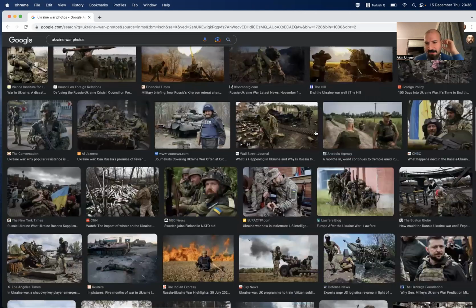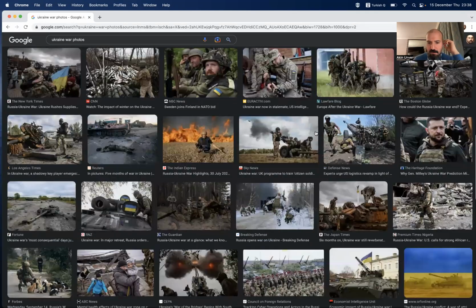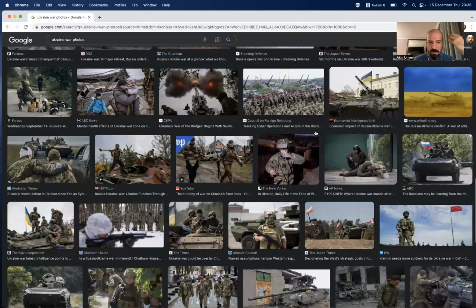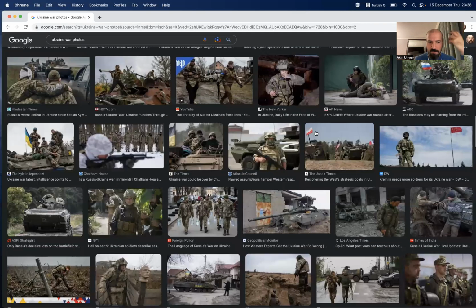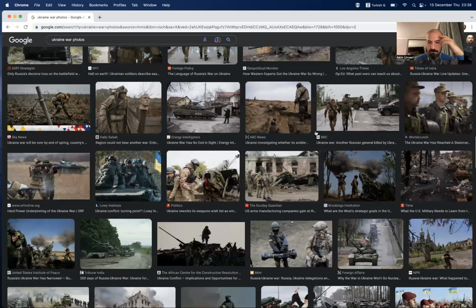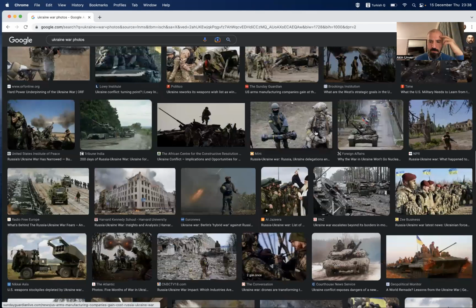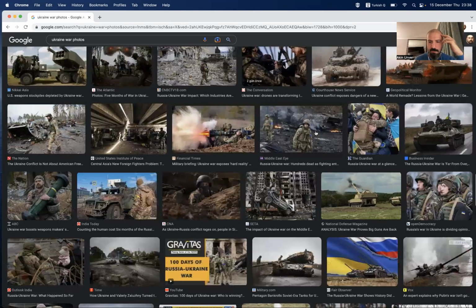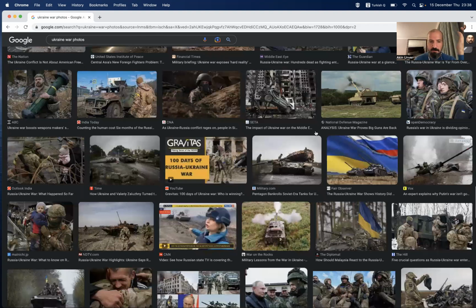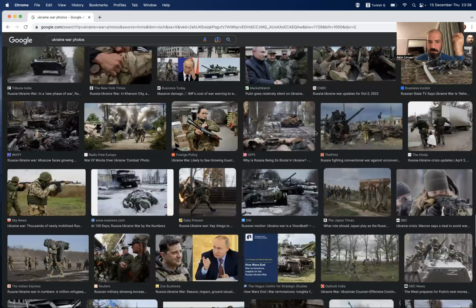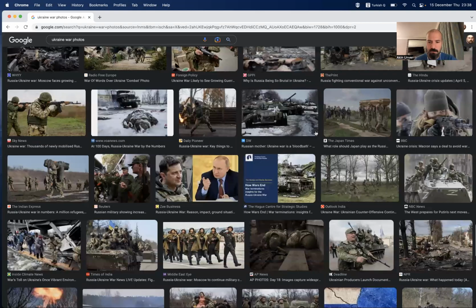Things that can be geolocated usually have some kind of surrounding information, some kind of background image, a hill, or a forest, or a mountain, or if it's an urban setting, some kind of identifier for you to be able to find what's going on.